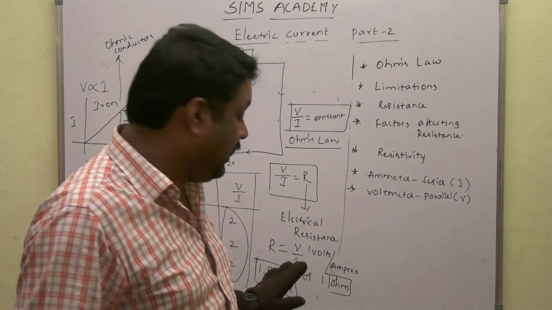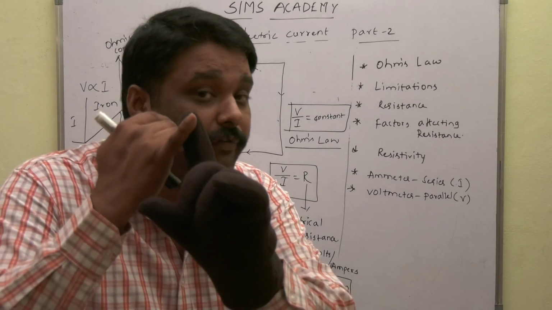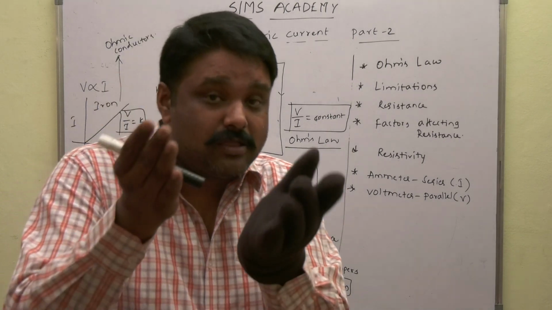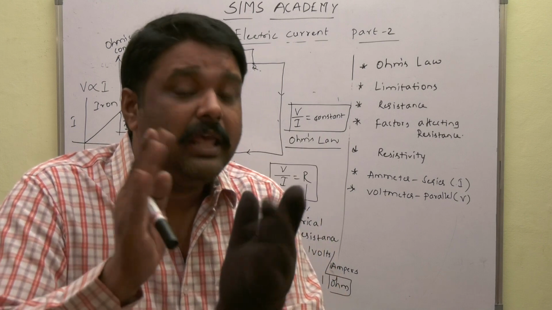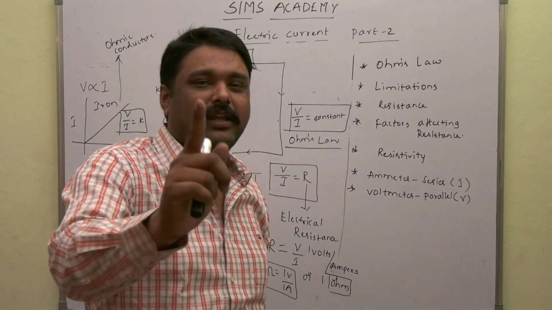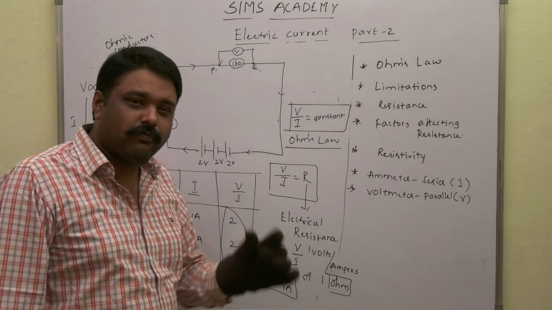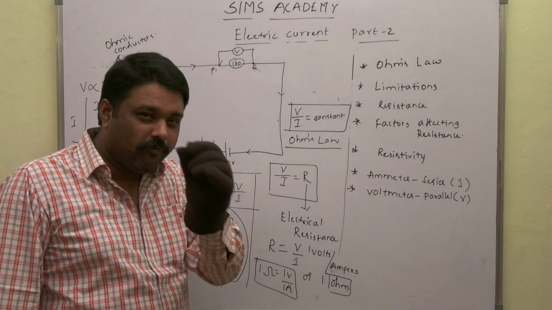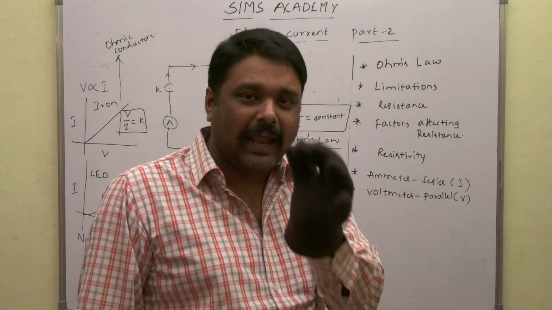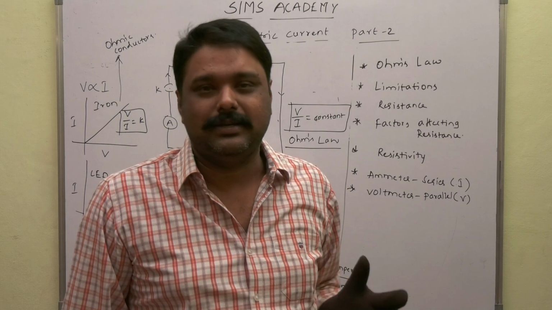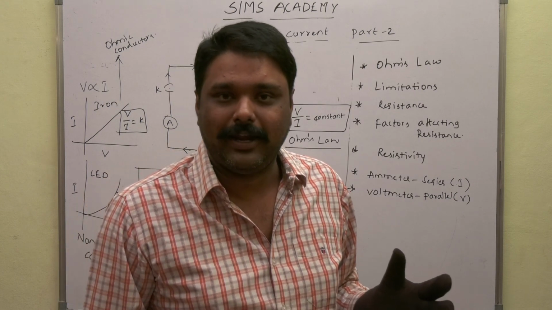Understood? 1 volt per 1 ampere in the sense if 1 volt of voltage, that means the potential difference, causes how much amount of current? 1 ampere of current in the circuit, then we say the resistance is 1 ohm. 1 ohm equals 1 volt by 1 ampere. I hope you understood well.